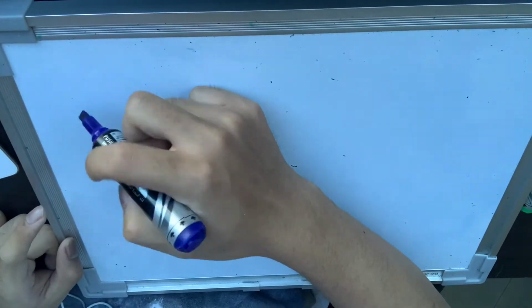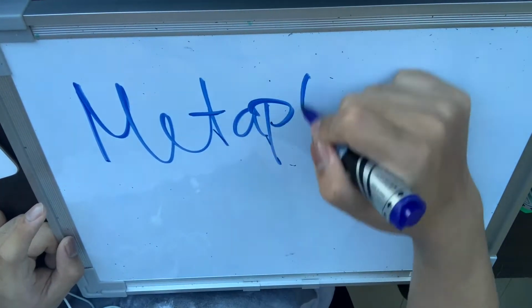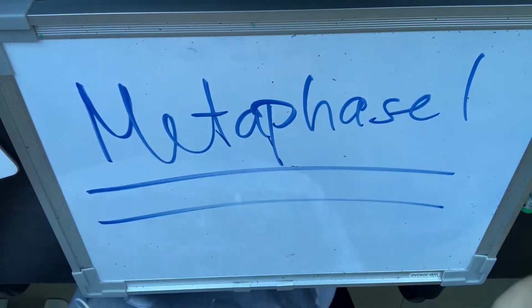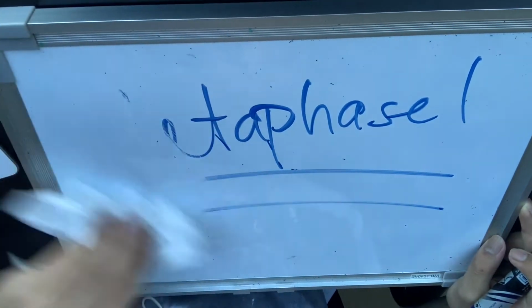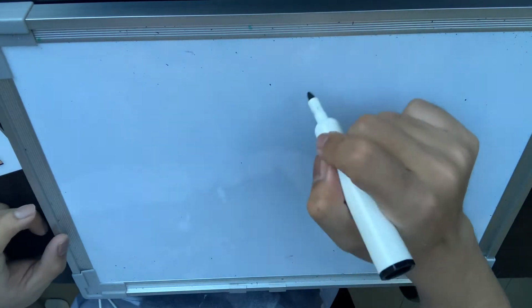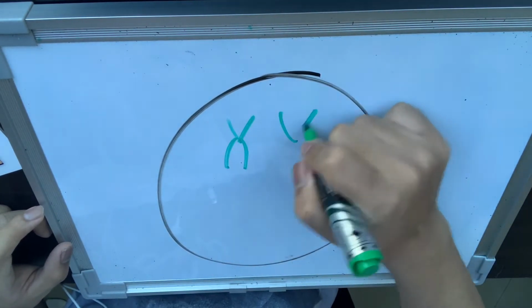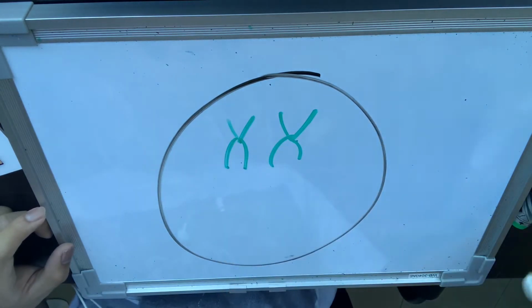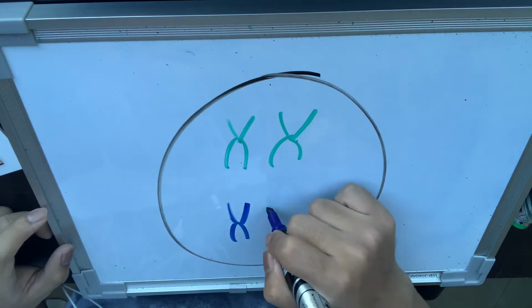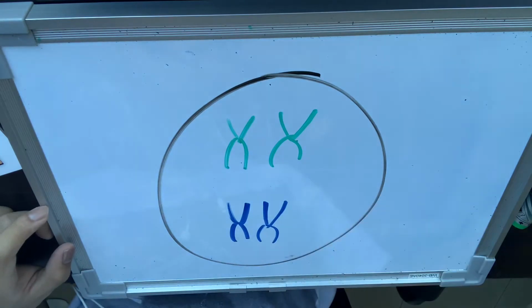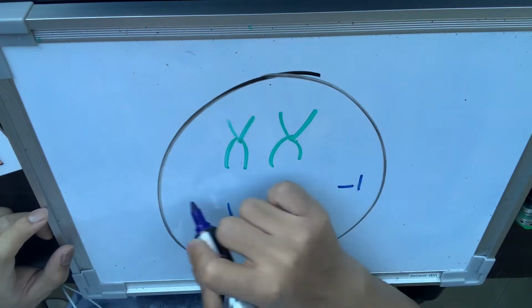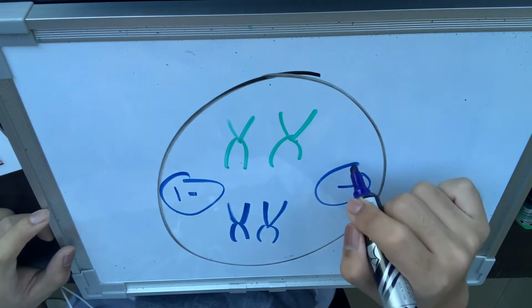Moving on. Anyways, next is metaphase. All right. So what is metaphase 1, or what does it do? Basically here, as you can see in the drawing, the centrioles are at opposite poles of the cell.